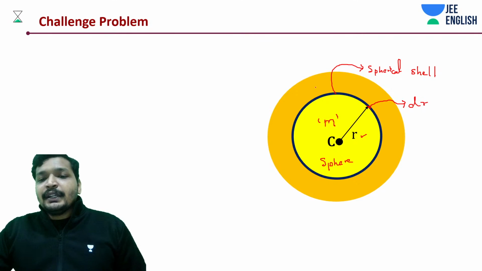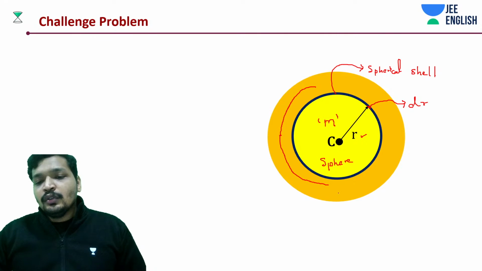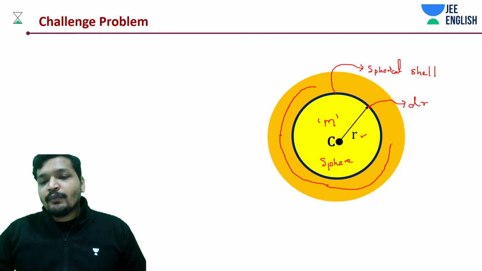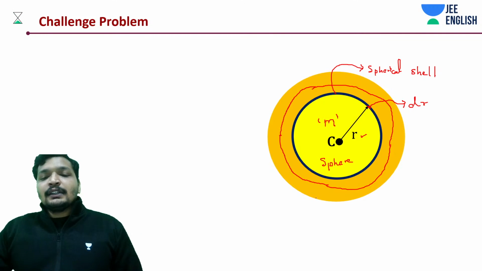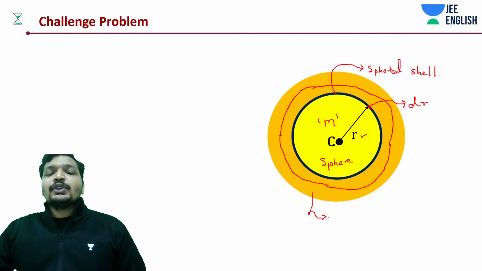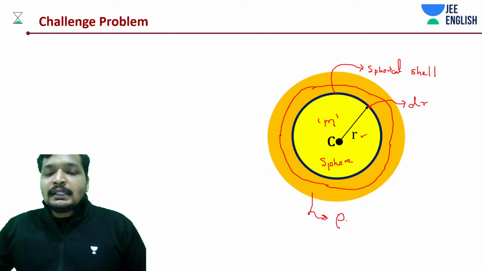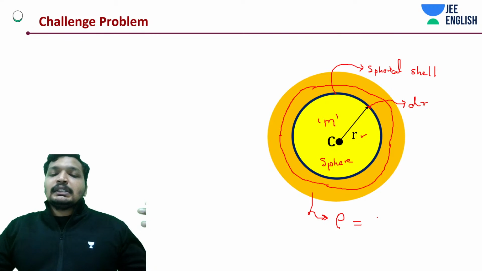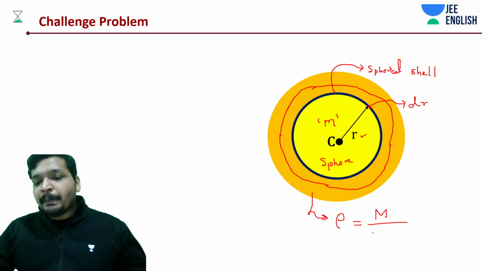And similarly we'll keep building from 0 to capital R. In such cases, the first thing we know is it's a uniform mass density, else you would be substituting the function that is available for the density. So what is the density of the whole sphere? The mass is m and the volume is 4 by 3 pi capital R cube.